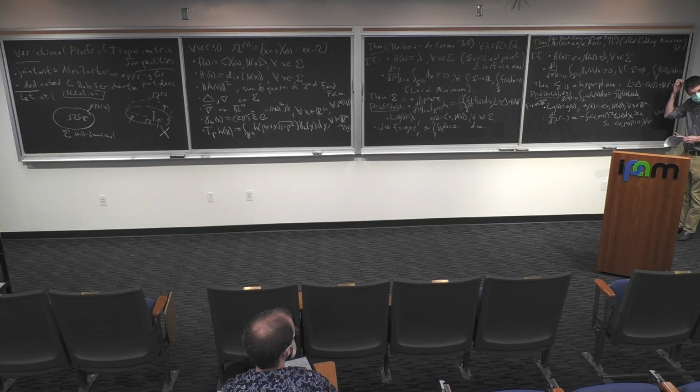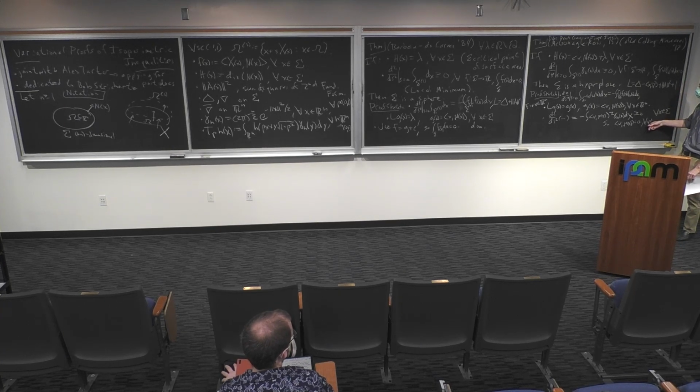But I skipped a detail. Remember, this inequality only holds when the integral of the function is 0. So this only applies for all v's where the integral of v dot n is 0.